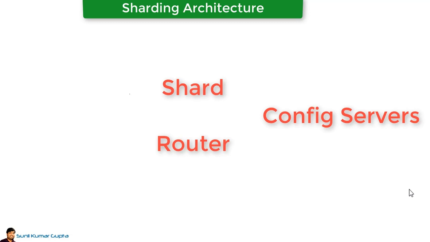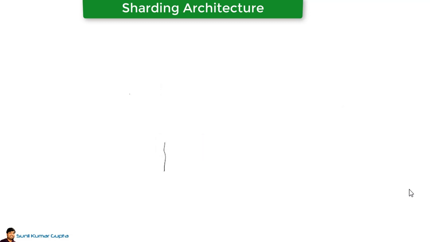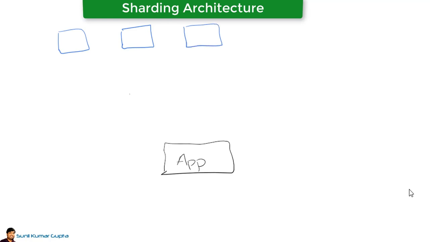Suppose we have an app server running here, the app or the client, and we have shards here. Shards are the data sets that we have split over multiple machines. Suppose we have shard 1, shard 2, shard 3 and shard 4. We also know that all these shards are replica sets, right? So this replica set will contain three or four different hosts.